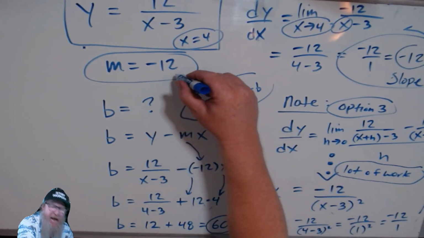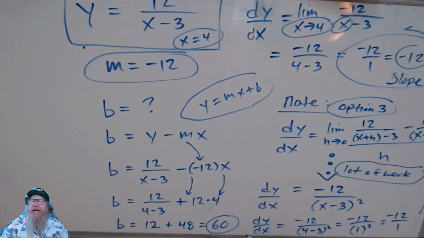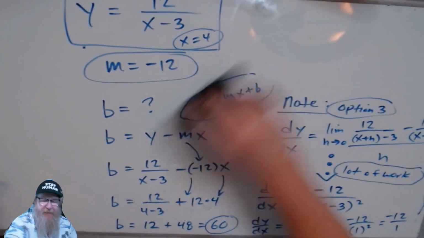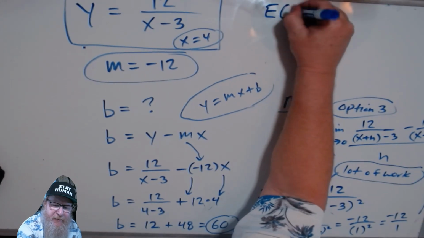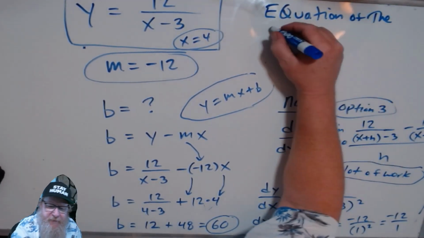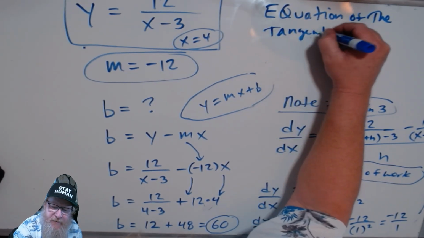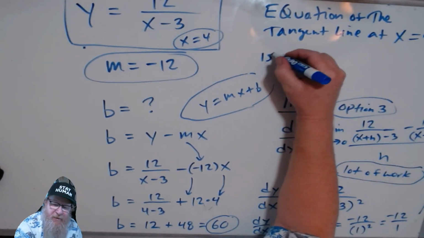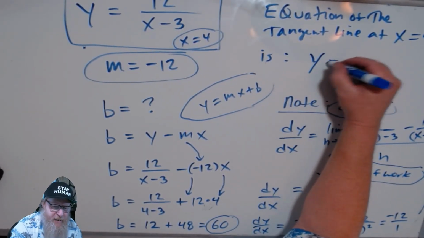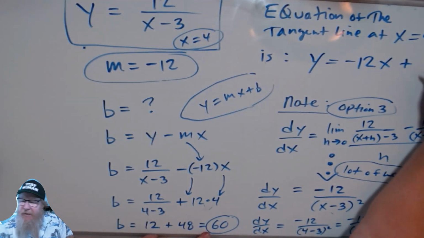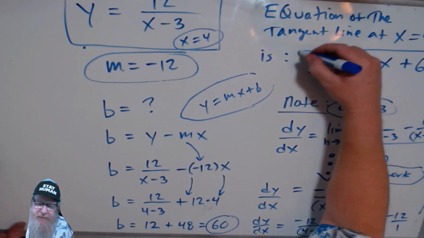So I've got my m, I've got my b. And so my final answer is the equation of the tangent line at x equals 4 is y equals mx plus b. b is 60.